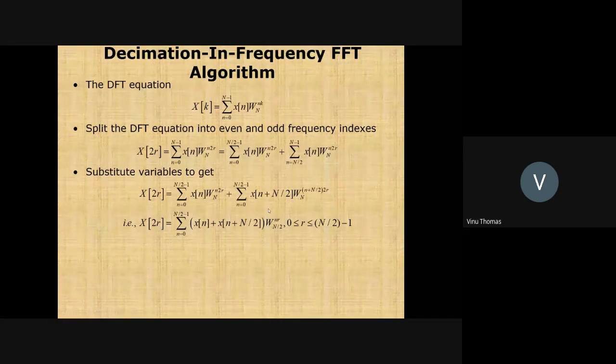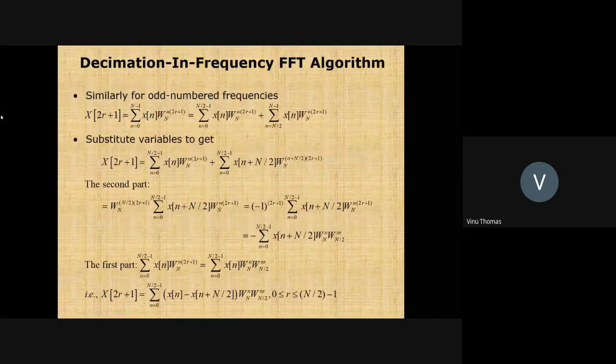Okay. Now let us look at x of 2r plus 1. So here we have written x of 2r. Similarly, for the odd numbered frequencies, x of 2r plus 1, you can write sigma n equal to 0 to N minus 1, x of n, W_N raised to n into 2r plus 1. Again, I should have written 0 less than or equal to r less than or equal to N by 2 minus 1.